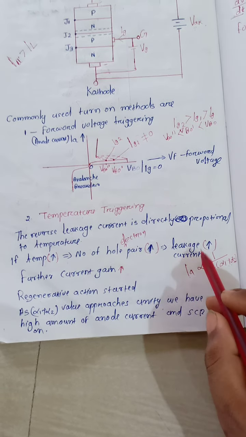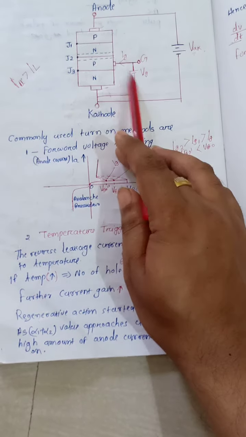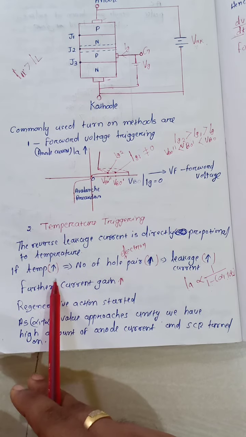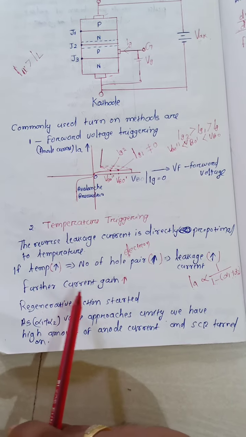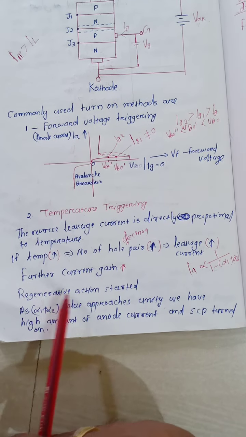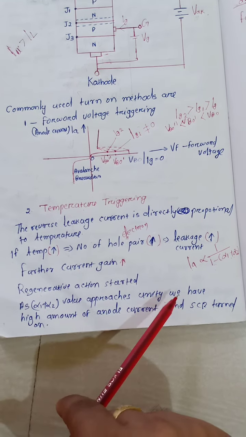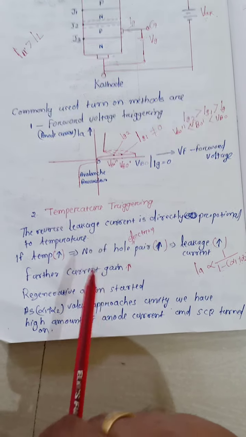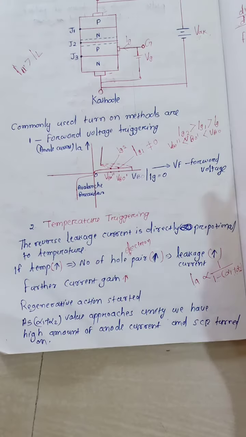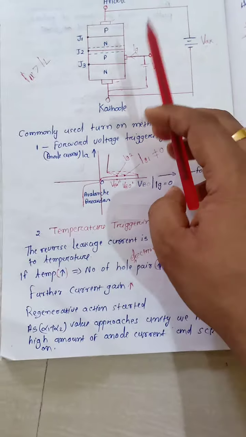When anode current increases above the latching current level, our device will get turned on. So temperature increases, number of electron and hole pairs increases, leakage current increases, further current gain increases, regenerative action takes place, alpha 1 plus alpha 2 approaches unity, and we have a very high anode current flowing through this device. So our J2 junction will be in conduction mode, and our SCR will turn on.